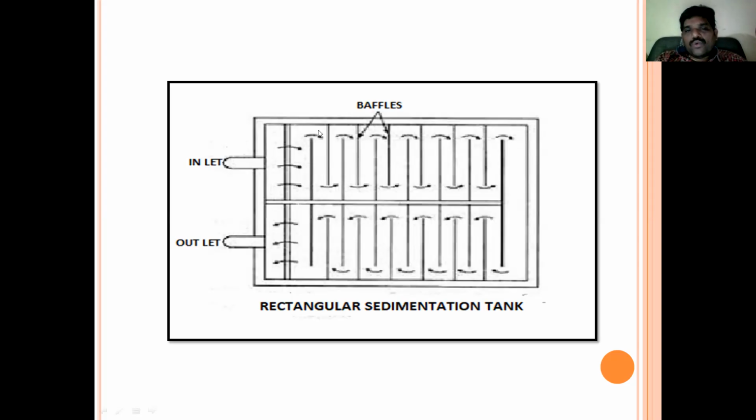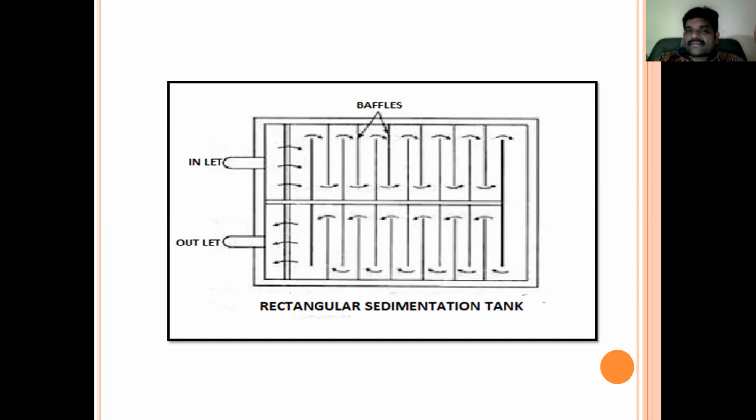Slowly, water moves. Why do we keep baffles? Because the traveling area is increased. While the traveling area is increased, and the speed of the water is fixed in such a way, the particles will settle at the bottom based on gravity. What is sedimentation? Settling of particles due to gravity, simply in one word. We have seen the technical definition earlier.